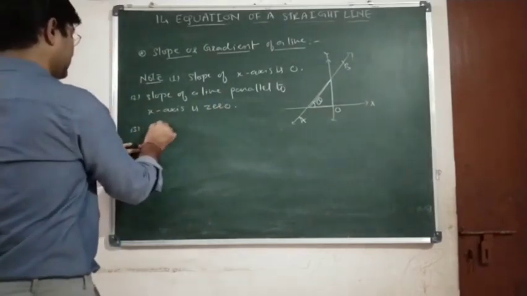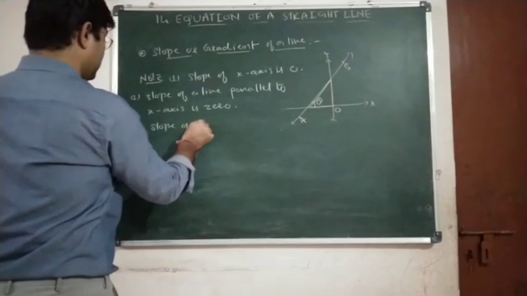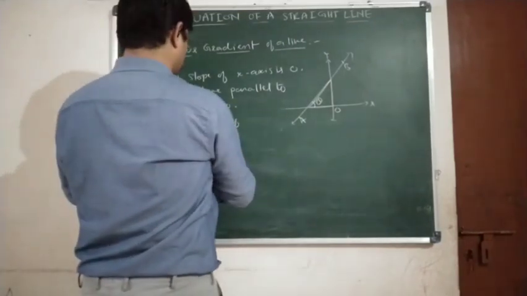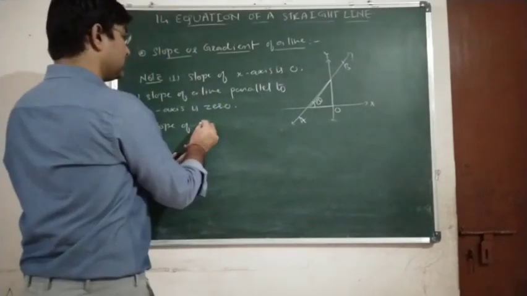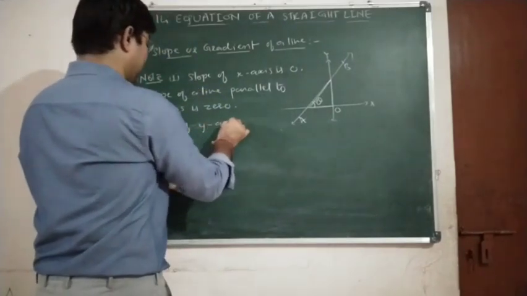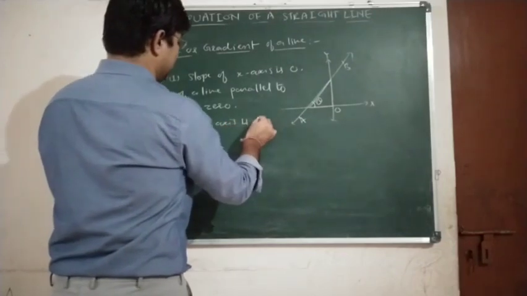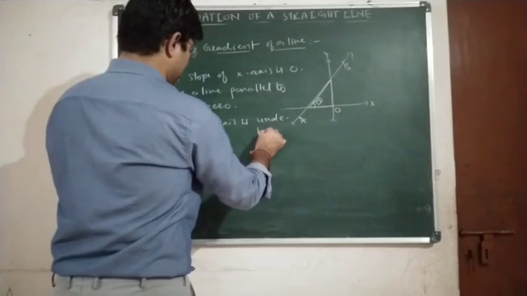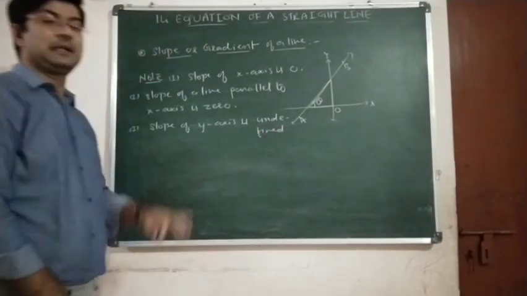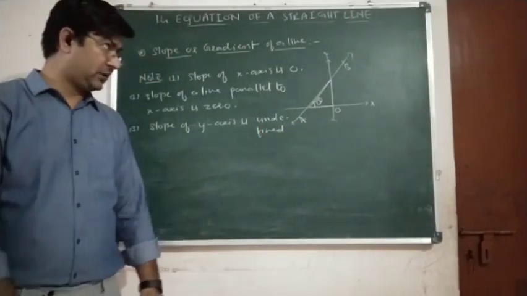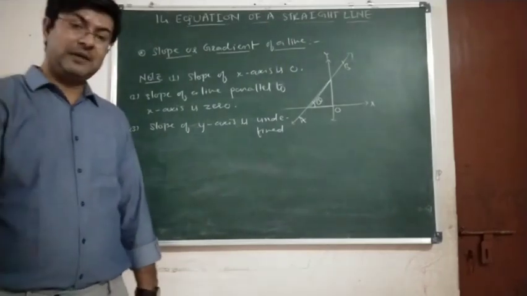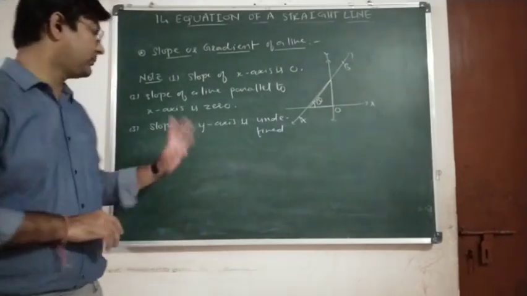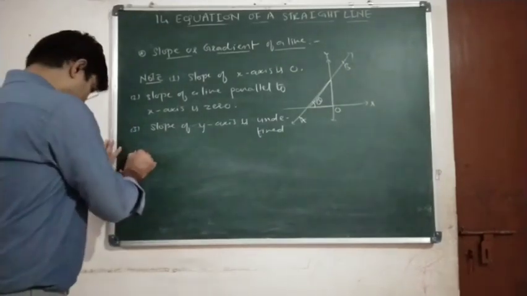Then number 3, slope of y-axis is undefined. Why? Because tan 90 is undefined, because the angle of inclination of y-axis is 90 degrees and tan 90 is undefined, therefore slope of y-axis is undefined.